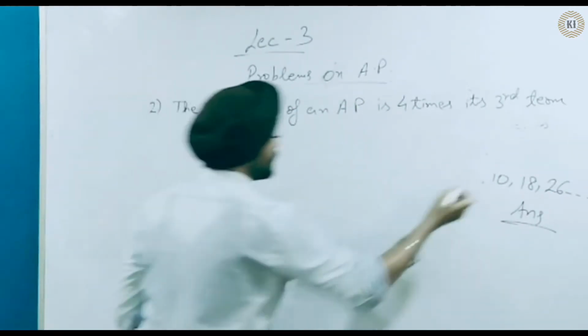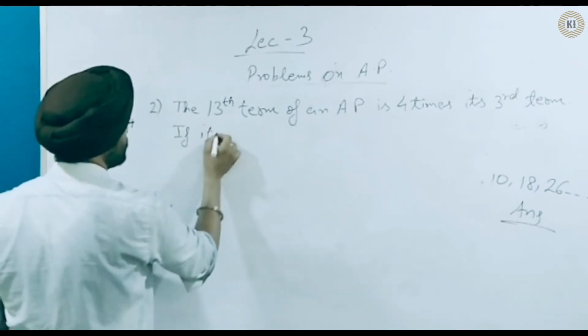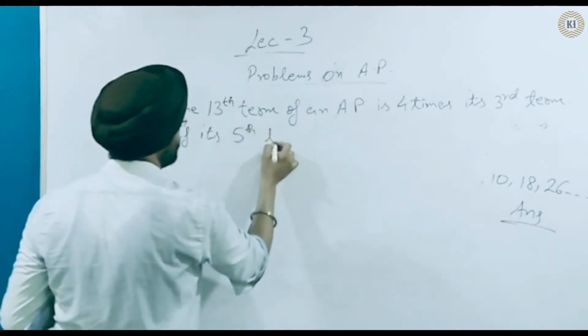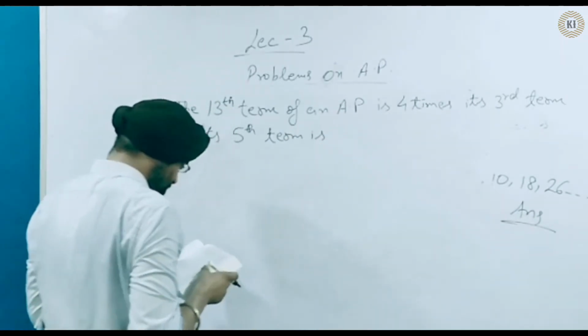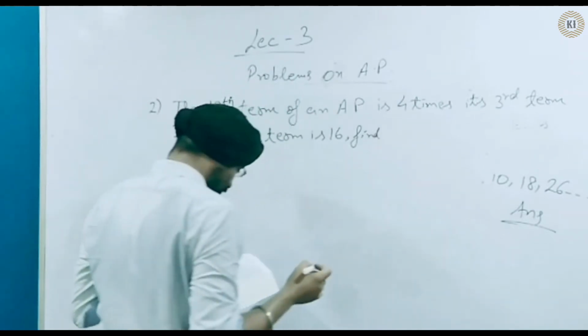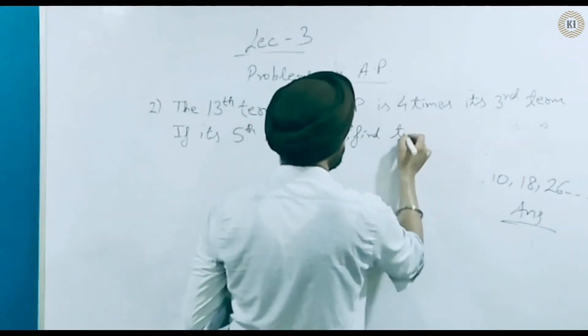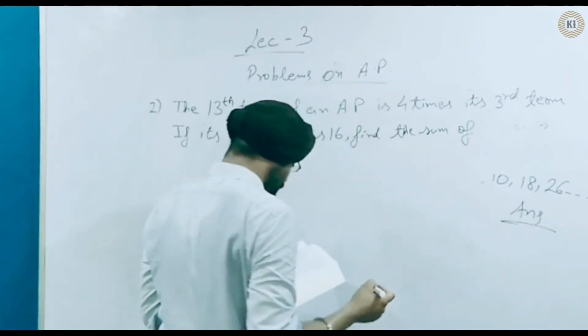If its fifth term is 16, find the sum of its 15 terms.